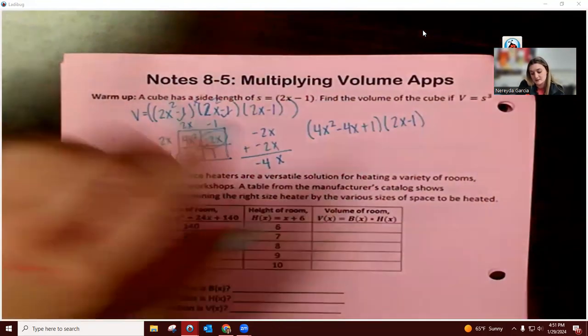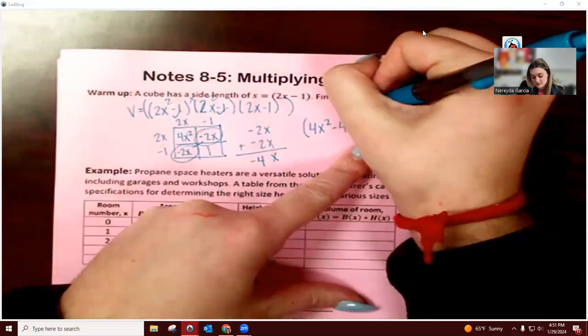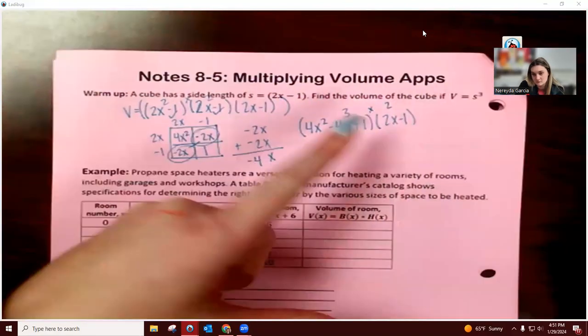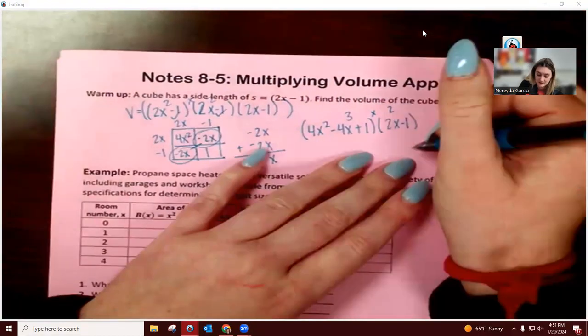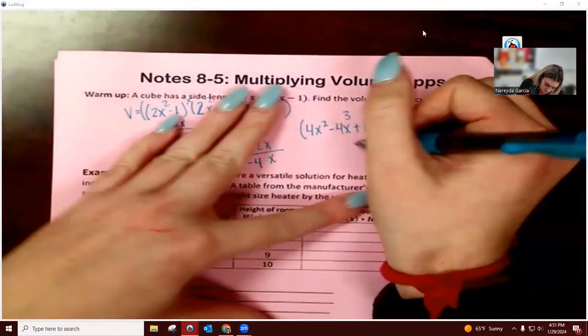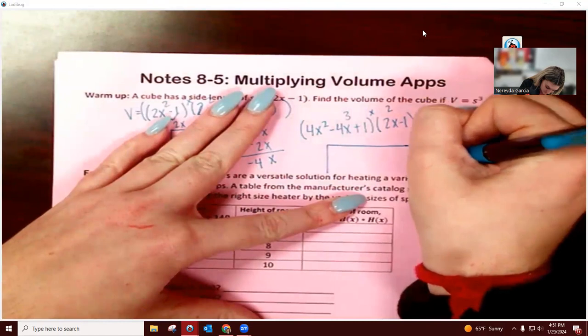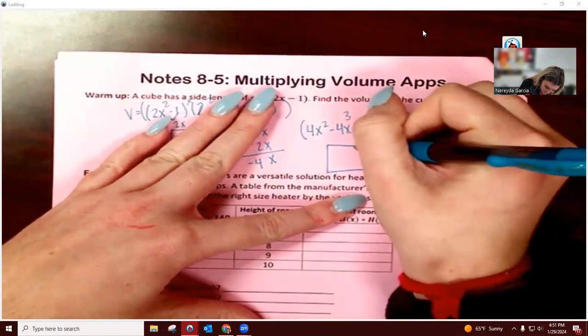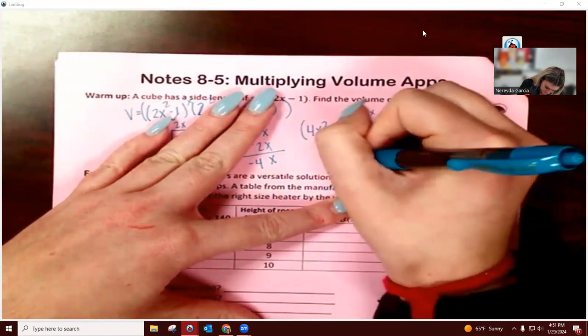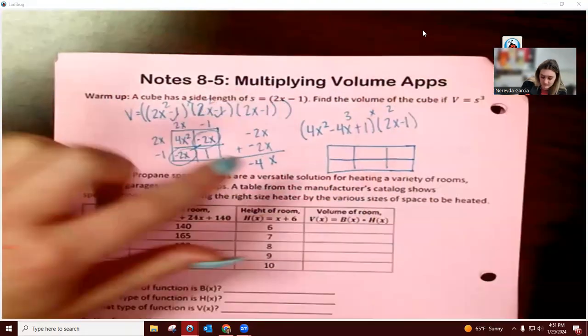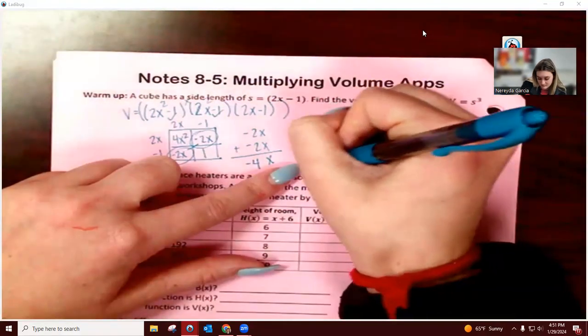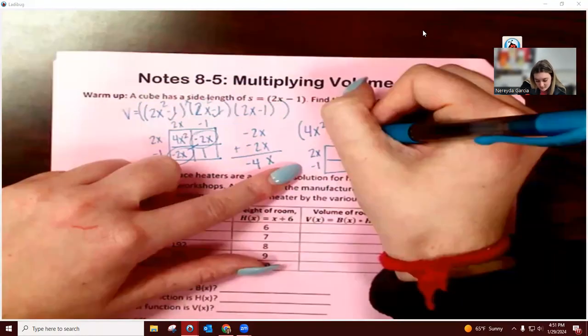Gotta figure out how many boxes I need. I know this one has 3 terms and this one has 2. So in total I need 6 boxes. I need 2 down, 3 across. Our terms do matter.